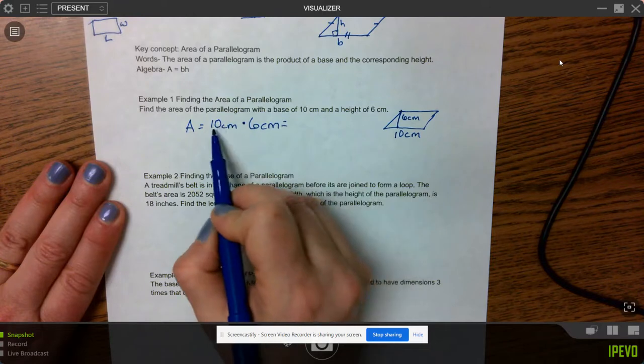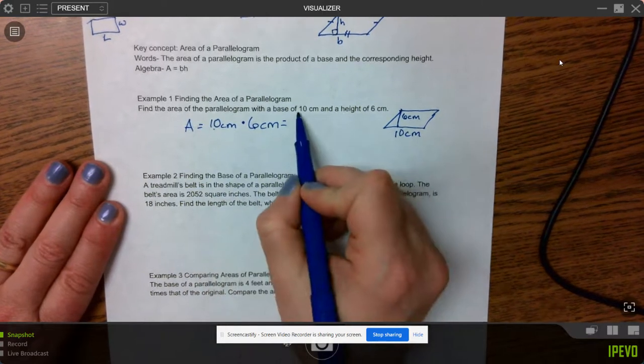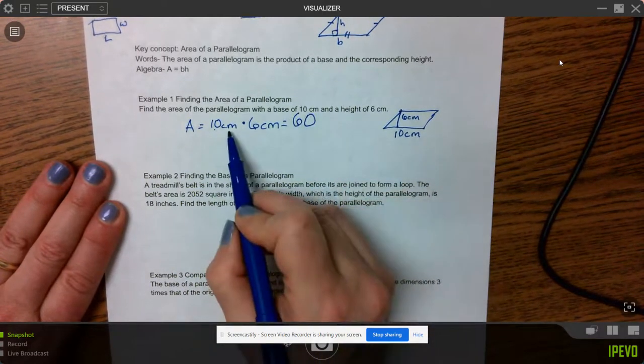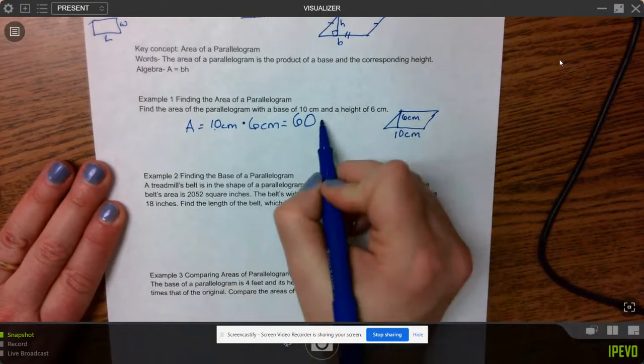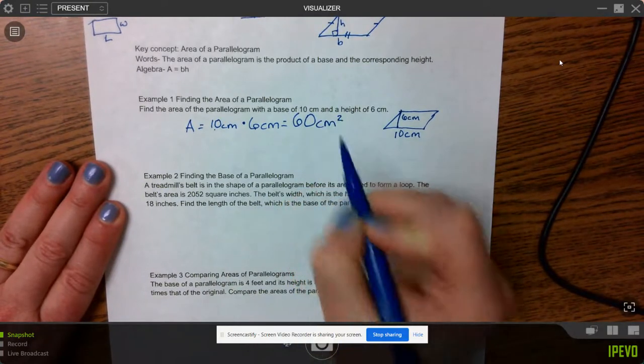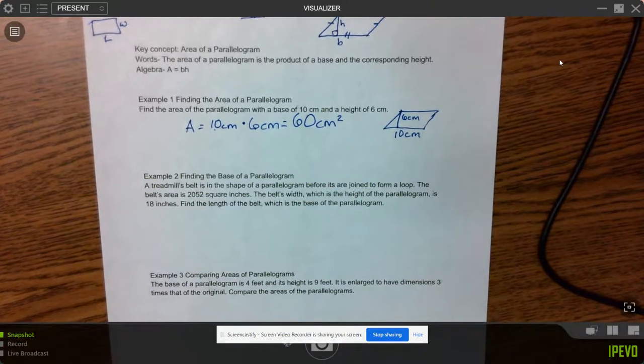So 10 times 6 is 60. A centimeter times a centimeter gives me centimeters squared. That's how we find the area of a parallelogram.